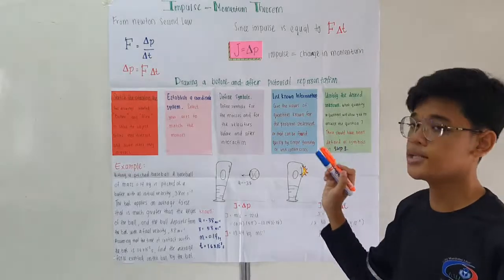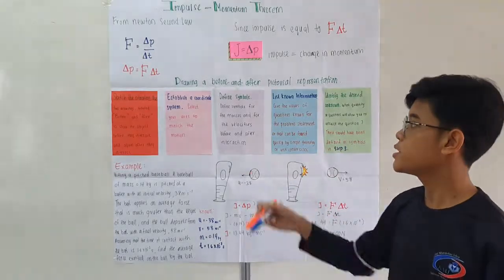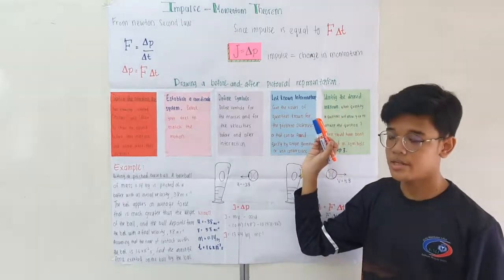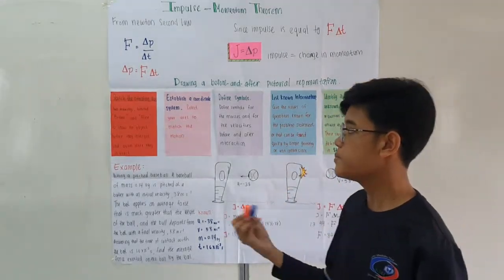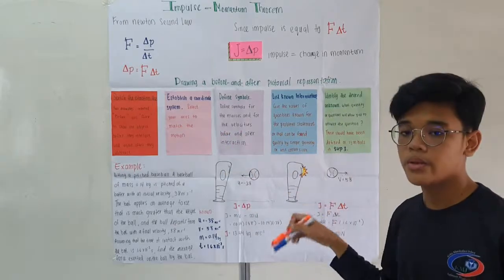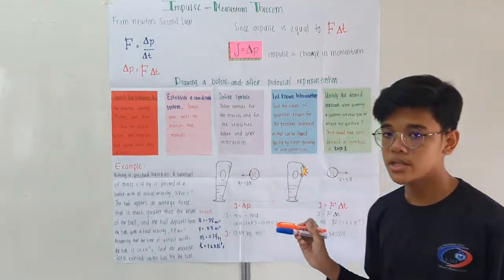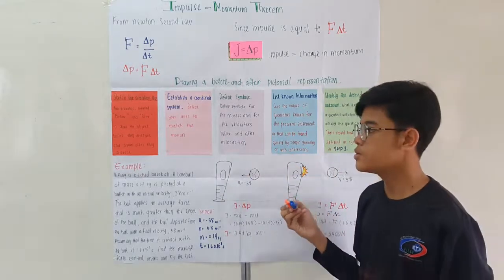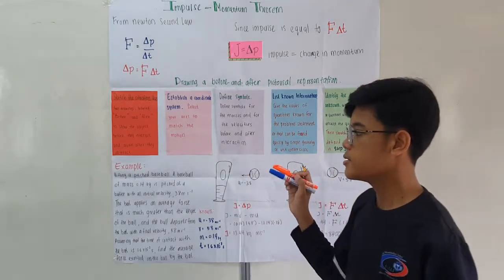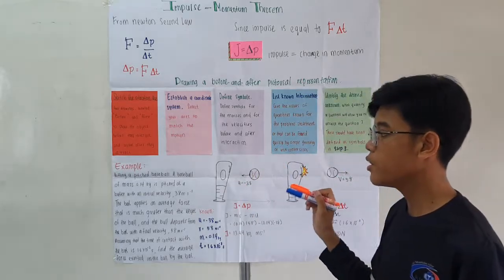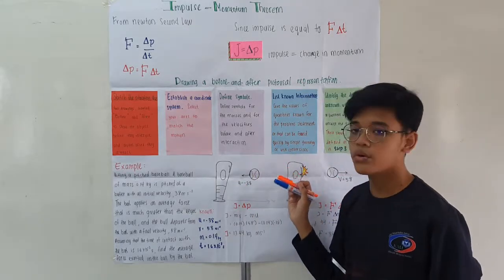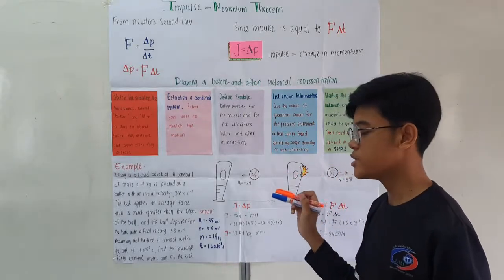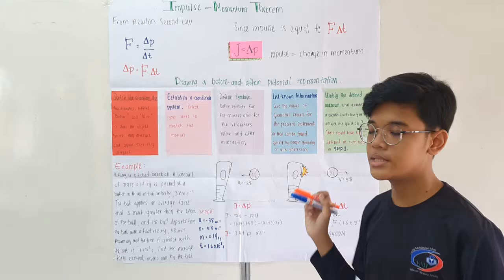Next, I will explain about the steps of drawing a before and after pictorial representation. Before I explain the steps one by one, I will read the question and answer it while explaining the steps. The question is: hitting a pitched baseball. A baseball of mass 0.14 kg is pitched at a batter with an initial velocity of 38 meter per second.